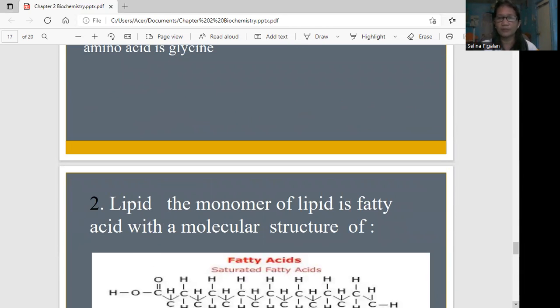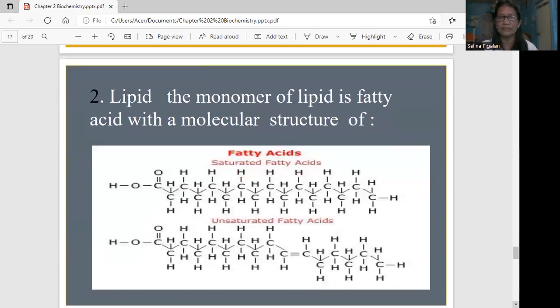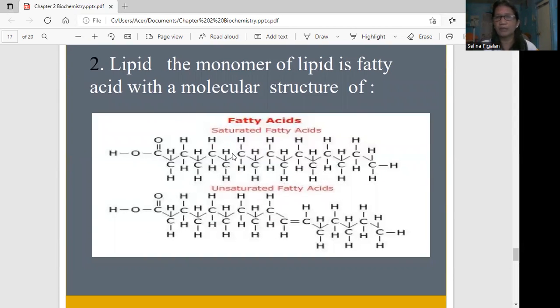Lipid: the monomer of your lipid is fatty acid, with this molecular structure. So this is about the lipid made up of saturated and unsaturated fatty acid. Let us discuss this one by one in your lipid parts. If you look, it has oxygen, carbon, and hydrogen.